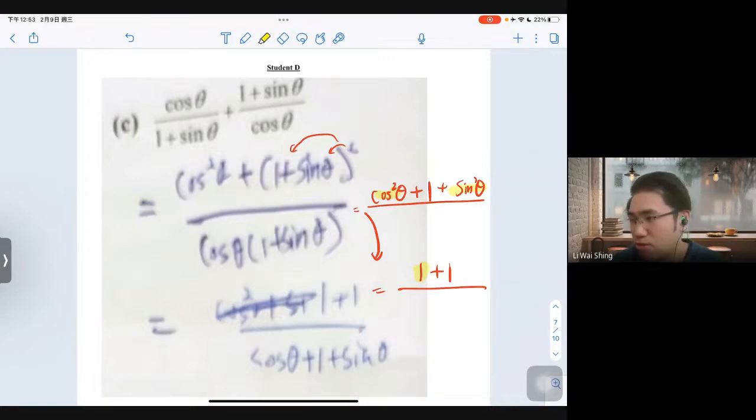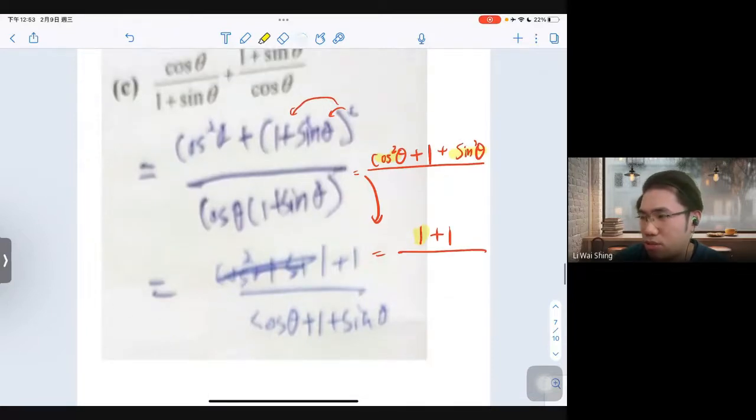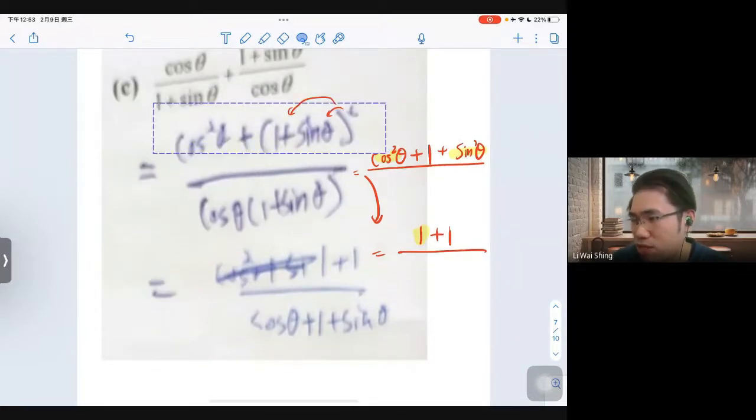Tell him not to violate this kind of question again. Don't do this kind of silly problem again. Can you give the correction of the numerator?